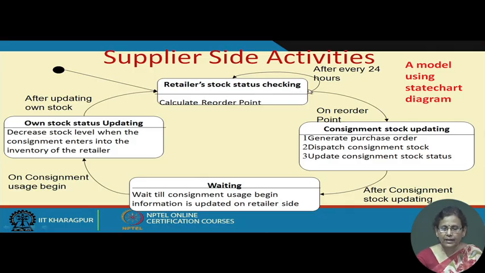The supplier has to have a certain facility for checking the retailer's stock status in its ERP system, or otherwise if it is available on a web based system. The supplier will keep checking it, possibly every 24 hours or so.